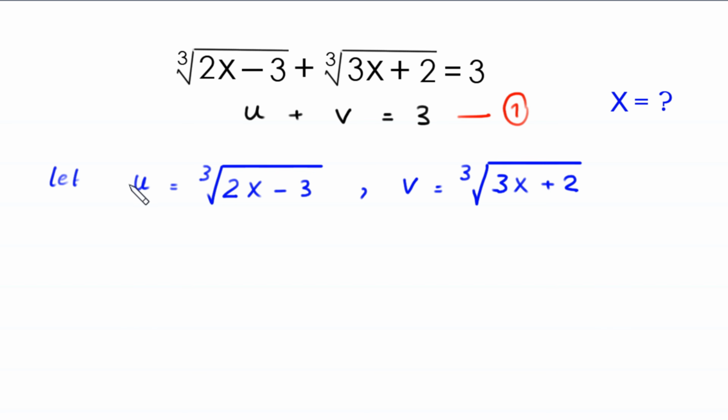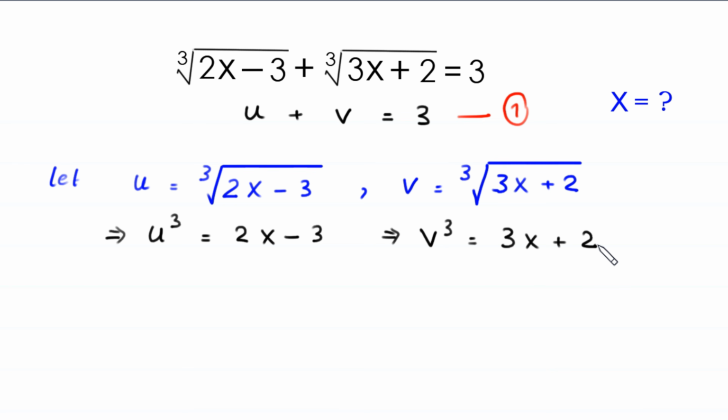Now if we take a cube of both sides, then this implies that u cubed equal to 2x minus 3, and if we take a cube of both sides of this equation, this implies that v cubed equal to 3 times x plus 2.